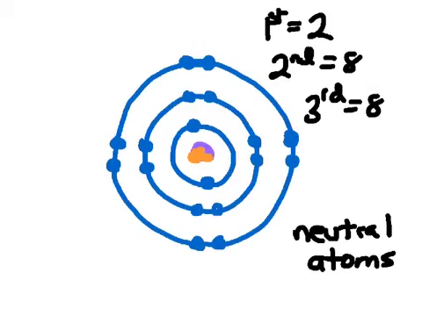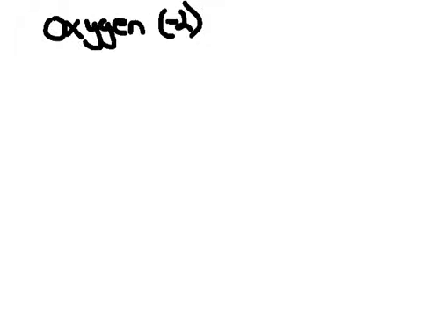So let's do one more example. How would you draw an ion? And this is the one we want. We want oxygen with a -2 charge. Oh my goodness. How are we going to do that?